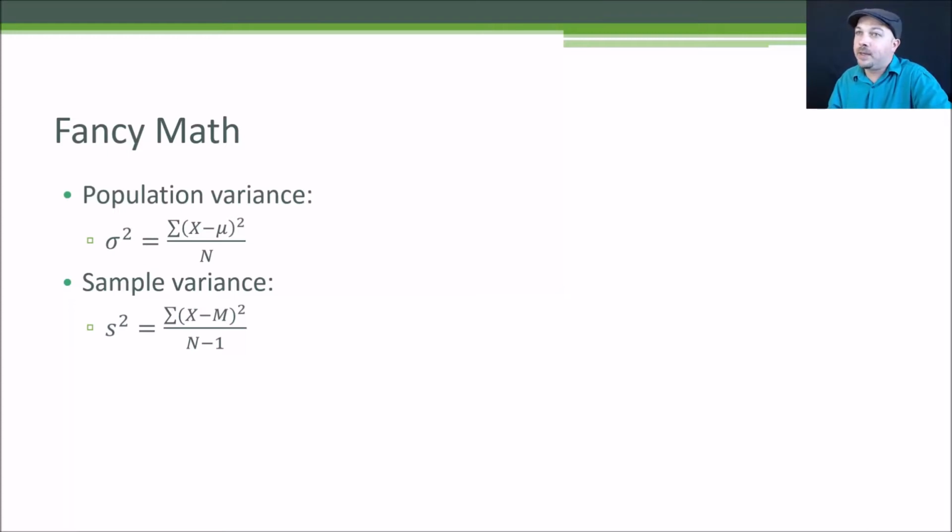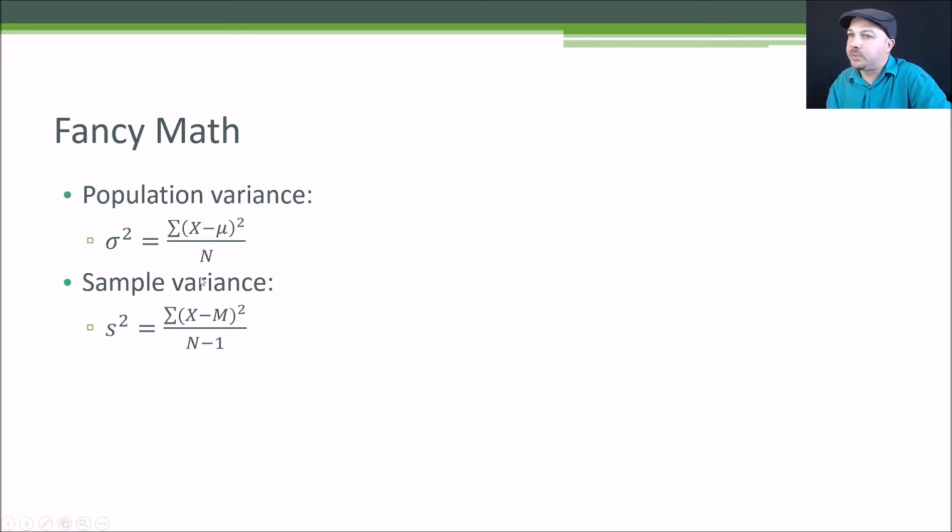And if you want to express this in terms of fancy mathematical notation, I try to avoid notation in this course as much as possible. I think the concepts are more important. But this is basic enough stuff that you will see it over and over again. Population variance is usually designated as sigma squared, where sigma is standard deviation. And we can say that is the summation of each data point x minus the mean mu, squared, over n, the number of data points.